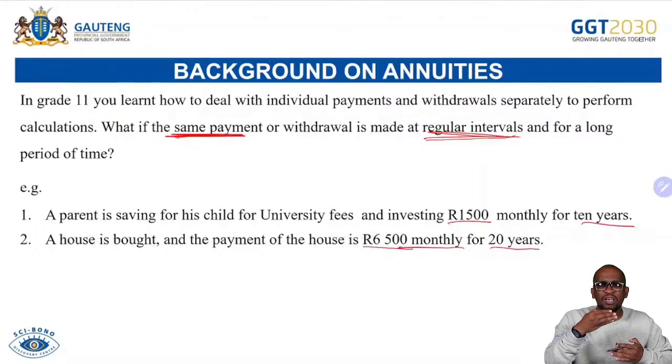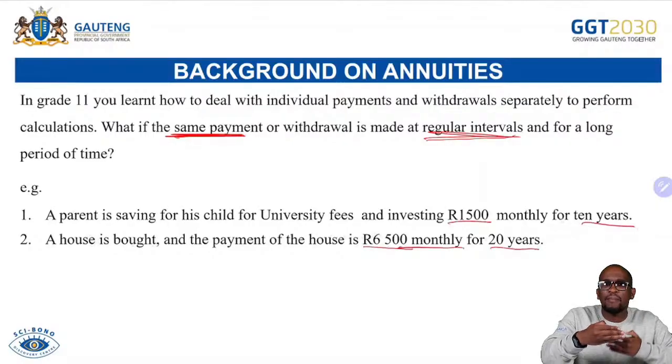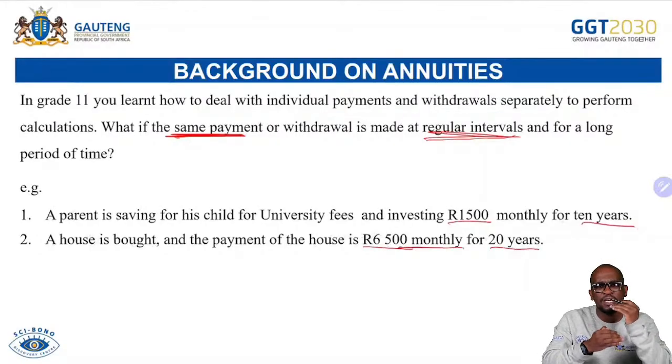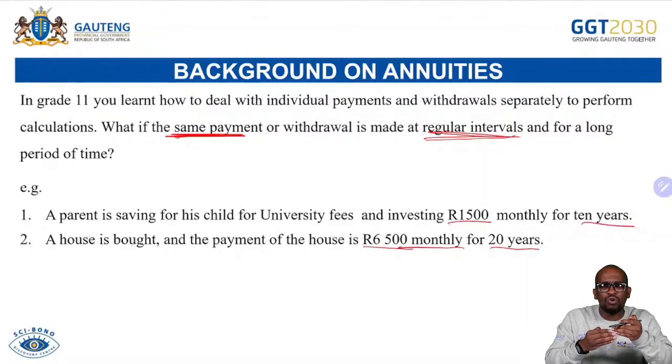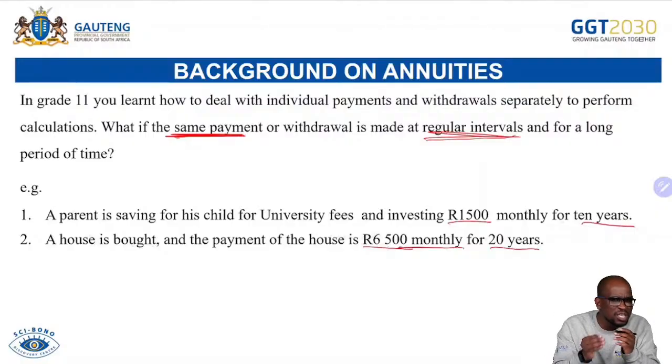So you can see the regularity is the same, monthly, and the amount that is paid is also the same, all right? So if you have that, you have the payment periods being the same, and the regularity with which they are paid is the same, monthly, same amount, monthly, all right? You get what we call an annuity, all right? So we need to understand it from that particular context, all right?